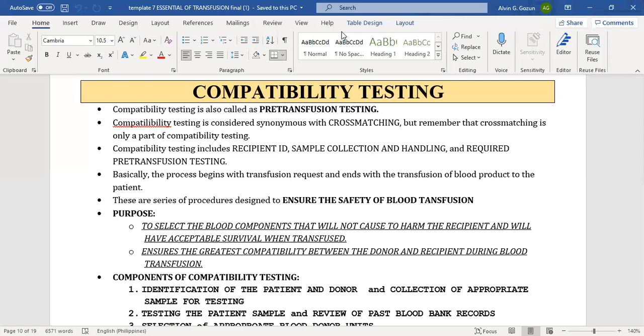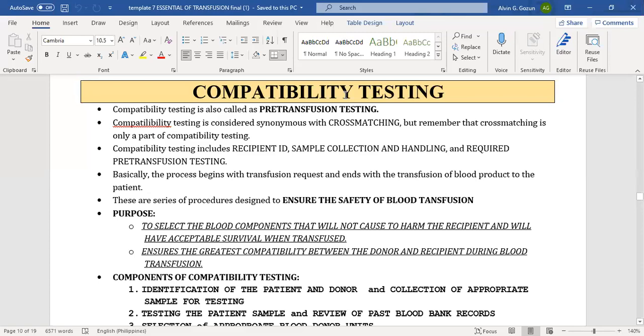Uy, yung quiz nyo na na-delete last time, na-recover na. Okay na yun. Naka-hide lang yun. Nagpatulong ako kay sir. Okay na siya. Oo, okay na.